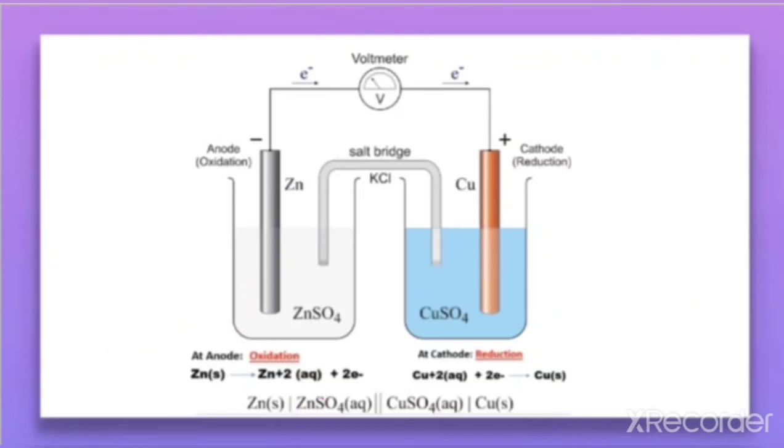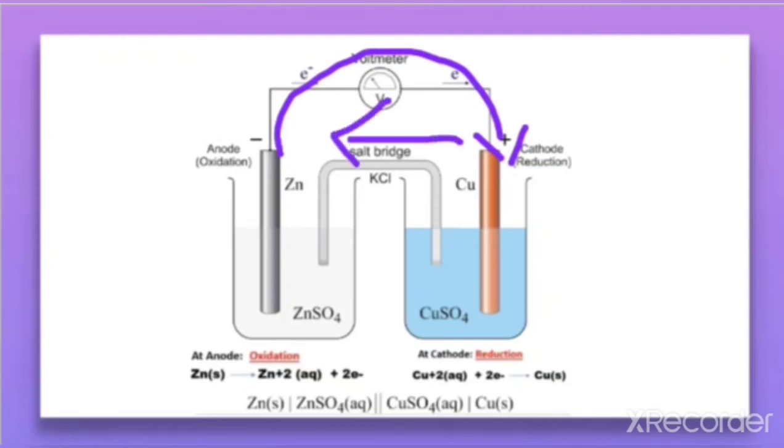So here there is a flow of current from anode to cathode. The flow of electrons is taking place from anode to cathode. Therefore the flow of current will be in the opposite direction, that is from cathode to anode. That is important here.